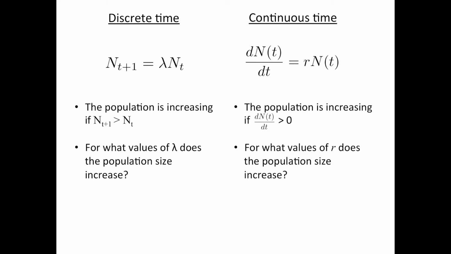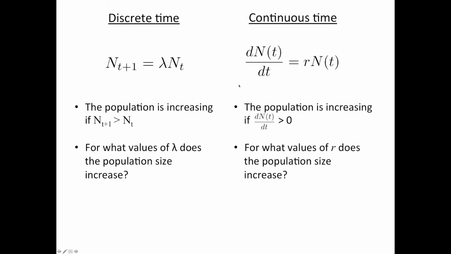So let's just recap what we know about discrete time and continuous time. If you look at these equations, the right-hand sides look very similar. You have lambda times the population size on the left, and r times the population size on the right. So in both cases, you have a constant multiplied by the population size. So that side's very similar.